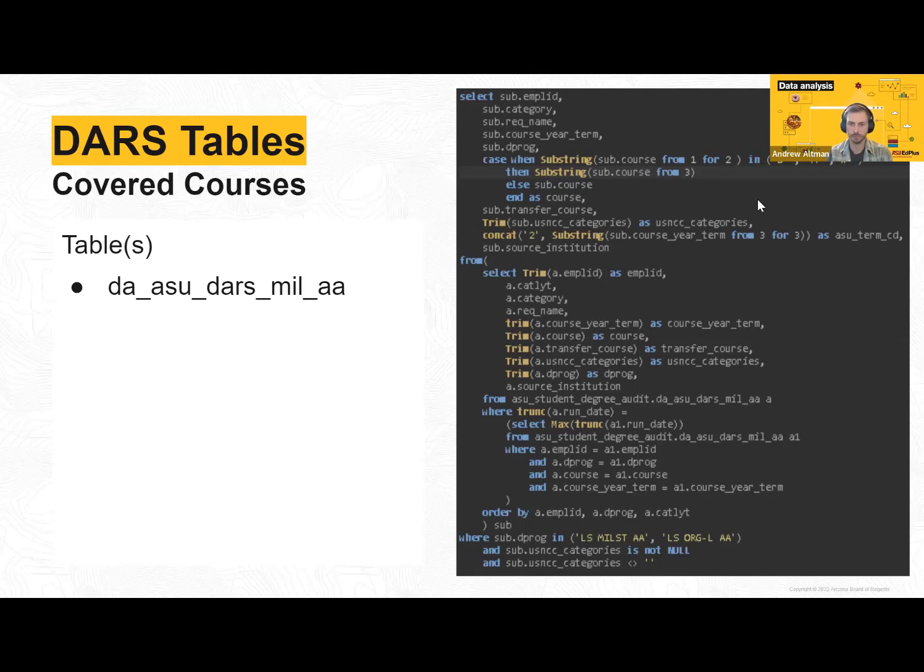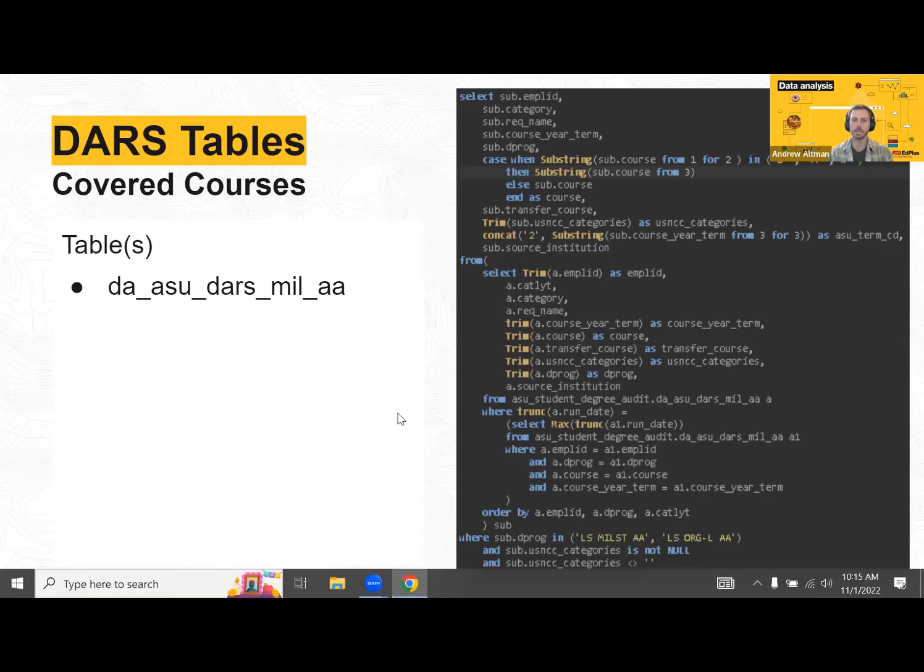And there's definitely some manipulation that needs to be done to ensure consistent information in each of those rows or columns. And that way we can then join to future data sources later on and make sure that what we see the students are taking will match what's in their DARS report.